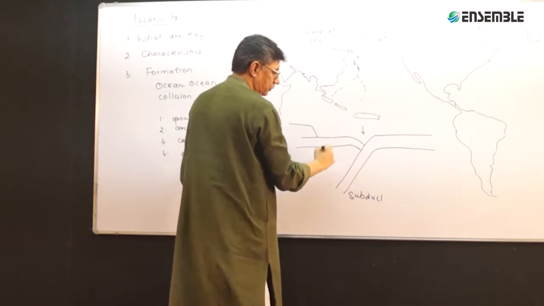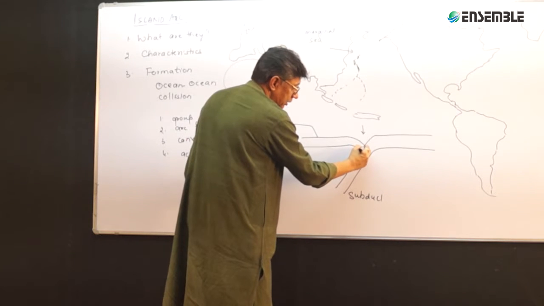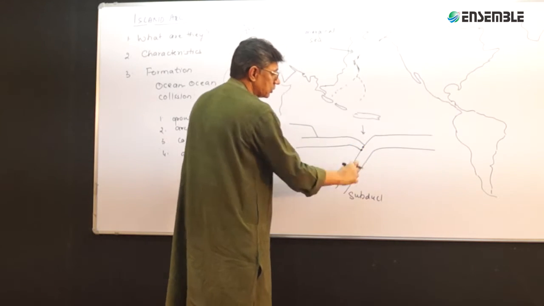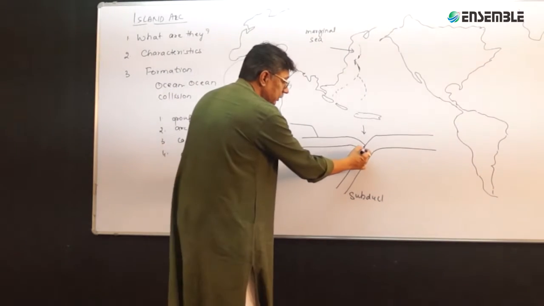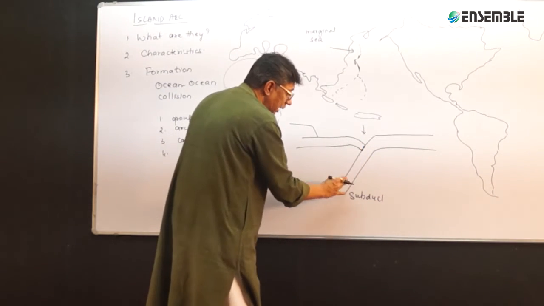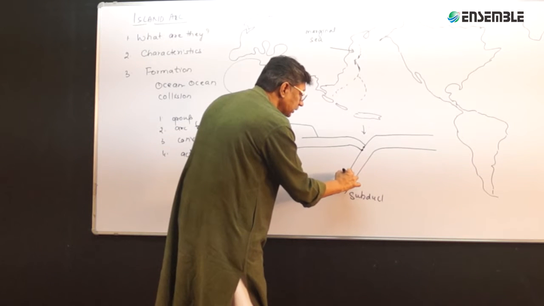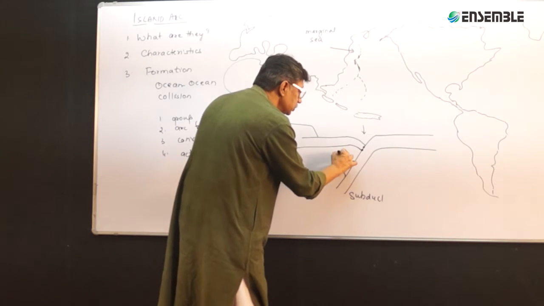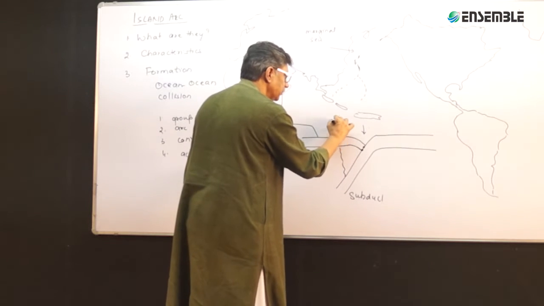A trench has formed. Now as it moves inside, all along these zones volcanic activity takes place, and earthquakes take place. As the plate moves inside, it melts, and the molten portion is thrown upwards in the form of volcanic activity.